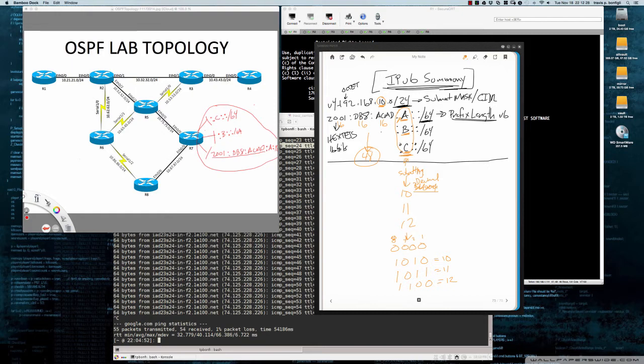to compress or shorten the representation of an IPv6 address is we are able to drop the leading zeros within the hextet. So this hextet that just shows A is actually 0, 0, 0, A when it's fully written out. So these 3 leading zeros here have been dropped.